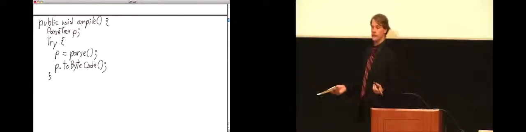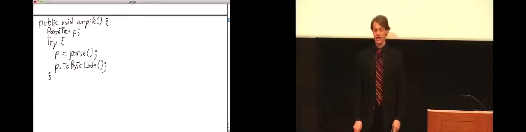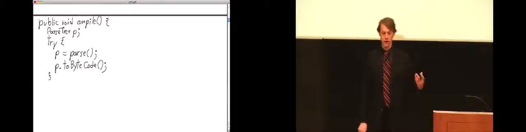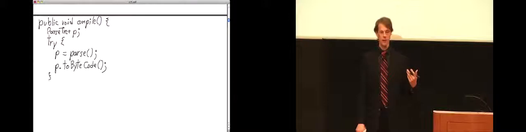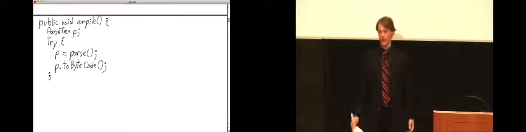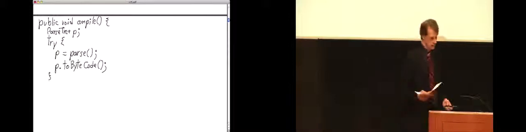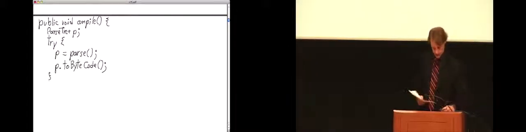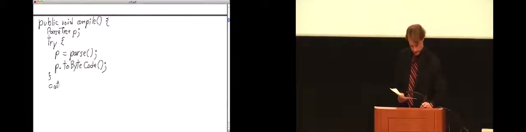But if a parser exception gets thrown, we don't want the compiler to just crash. What we want is for the compiler to complain that there's something wrong with your code, I can't compile it, and then go on and try to compile the next file, if there is another file to compile. So we'll go ahead and catch the parser exception.